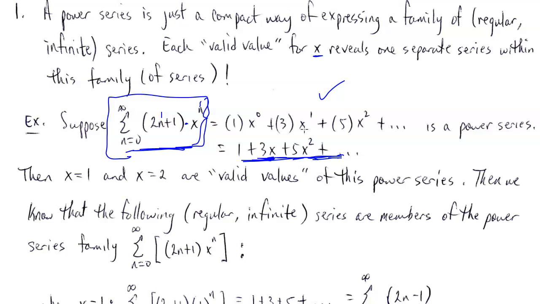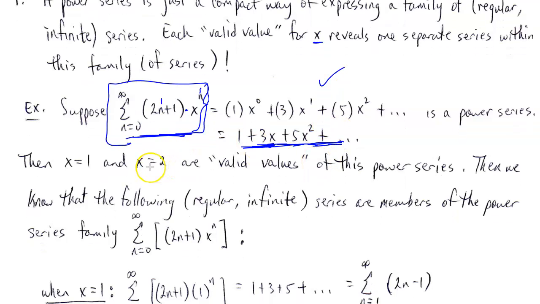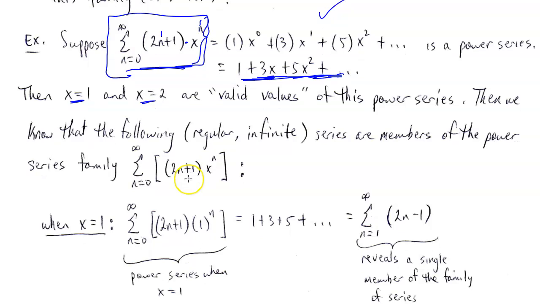Okay. If we were to let x equal 1 and let x equal 2, and let's assume that these are valid values for this power series, then we could produce 2 regular infinite series from these x values. So for instance, if we took this same power series and let's say we just let x equal 1 here, okay?